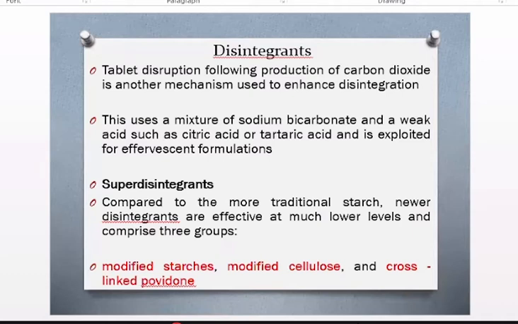So the difference with these is that compared to the traditional ones, you can use them at much lower concentrations to bring about disintegration in a tablet.